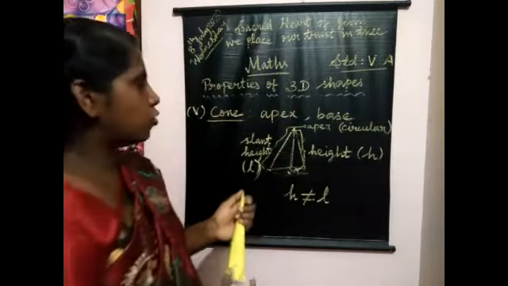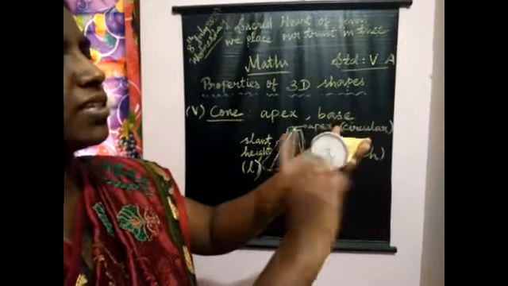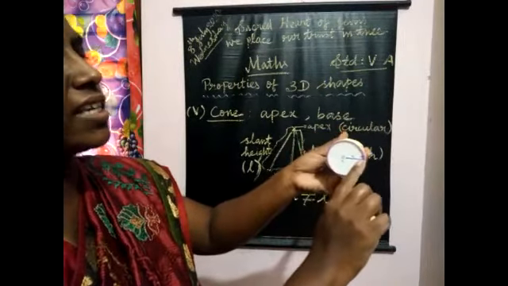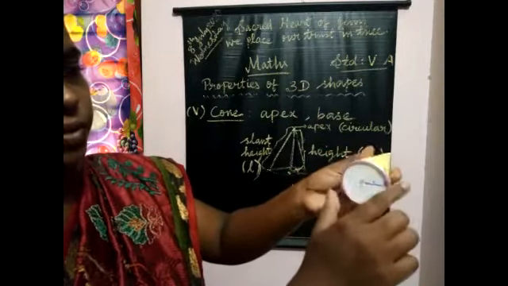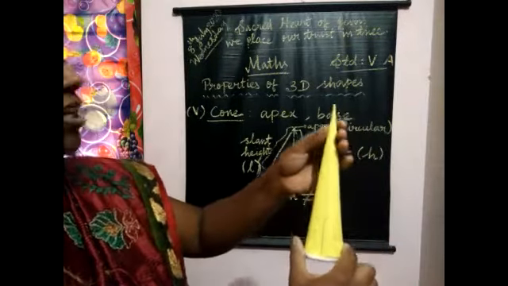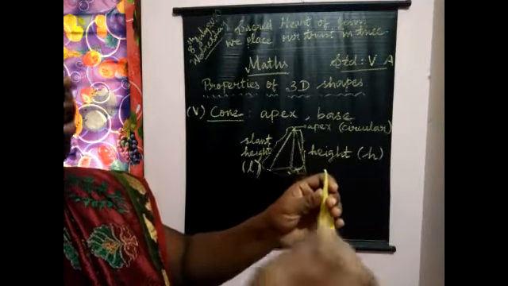So in a cone, again, there is an apex and a base. The base is circular, and we are able to calculate the radius, the distance between the central point and a point on the circumference of the base. And then we are able to calculate the height and slant height. This is the special property of a cone. We are able to calculate two heights.